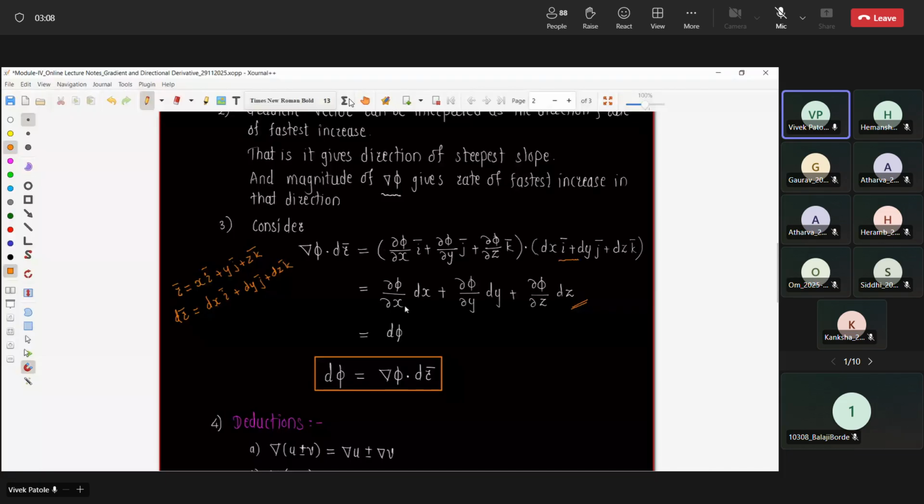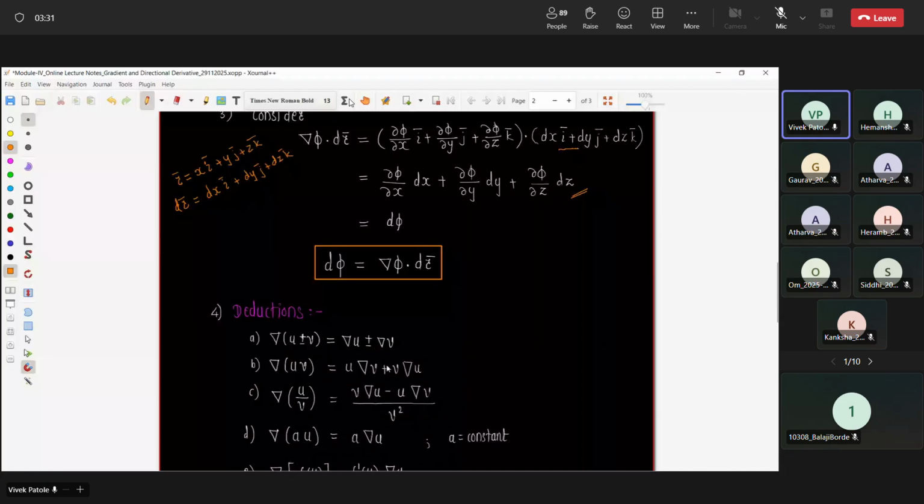This is the formula for the total differential: ∂φ/∂x dx plus ∂φ/∂y dy plus ∂φ/∂z dz. Okay, it is equal to d phi. Therefore, I am writing this expression like this: d phi is equal to del phi dot dr bar. Okay, this expression we are going to use later on.